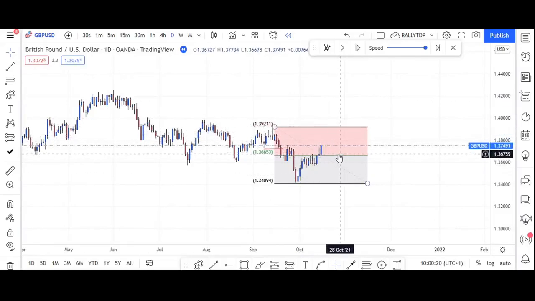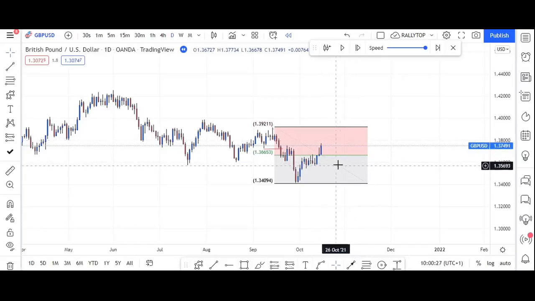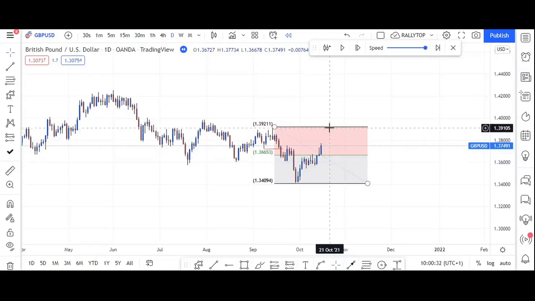This is your 50% fib level. Anything above this light red box is your premium zone, and anything below this light blue box is your discount zone. You want to sell from premium and buy from discount. In this case, you want to sell, so you are looking for a premium price to sell from.